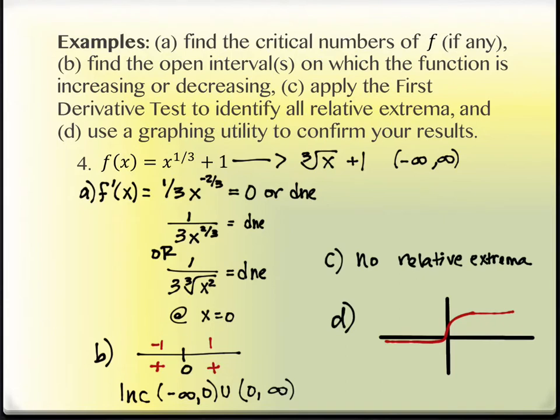At x equals 0, I'm right here. It's certainly increasing before that, and it's certainly still increasing after that, so that matches. There's certainly no relative max or min there. But what is happening there? Can you tell?